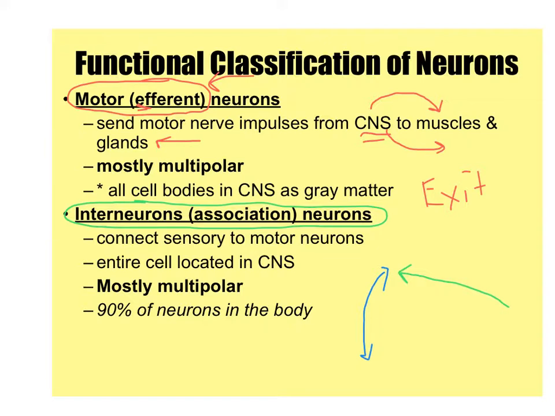It is these interneurons which decide on what to do, and they will transmit that information back to a muscle or gland, and that would be the motor neurons. So the green, sensory, detects some sort of change in your internal or external environment, sends that information to the interneurons, and then that information is relayed back through a motor neuron to an effector like a muscle or gland.